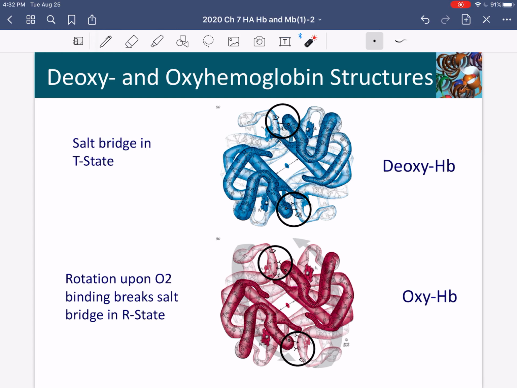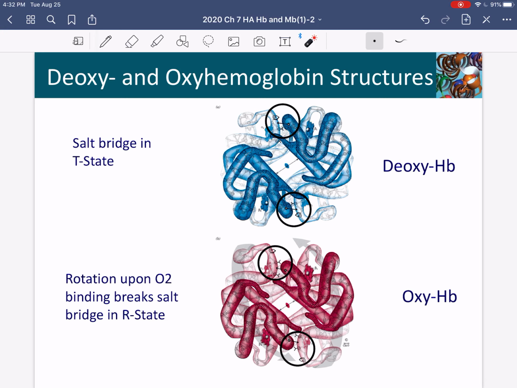So those are circled on both sides of the molecule because this is a symmetric molecule. It's also happening on the back side. Okay, so that breaks a salt bridge in the R state, and that very subtle conformational change changes the affinity of the molecule for oxygen.